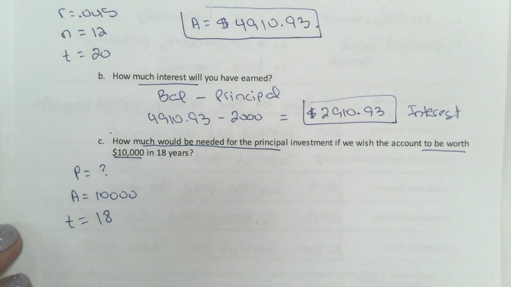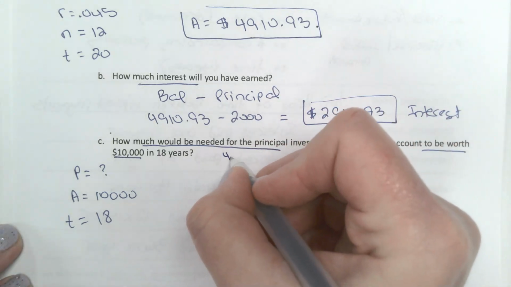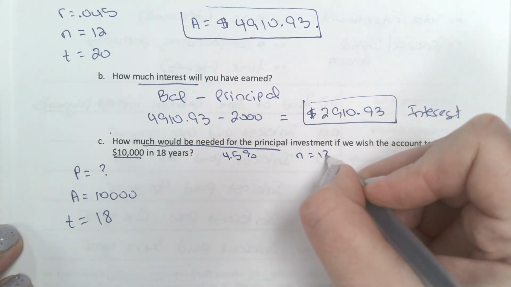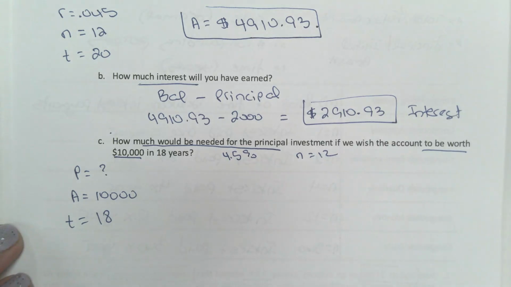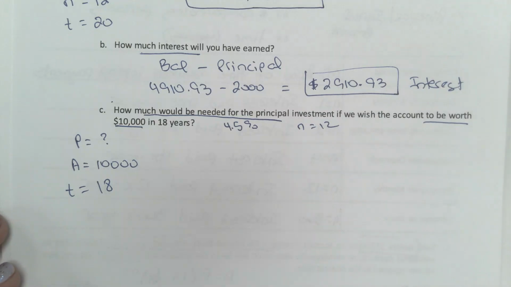And I'm changing my time frame to 18 years. I meant for it to be implied that we're still using the 4.5% and we're still compounding monthly. So those two things I meant to take from the initial problem.